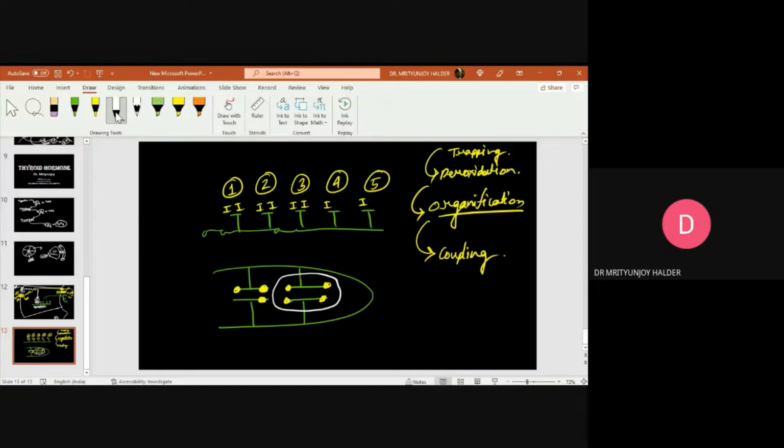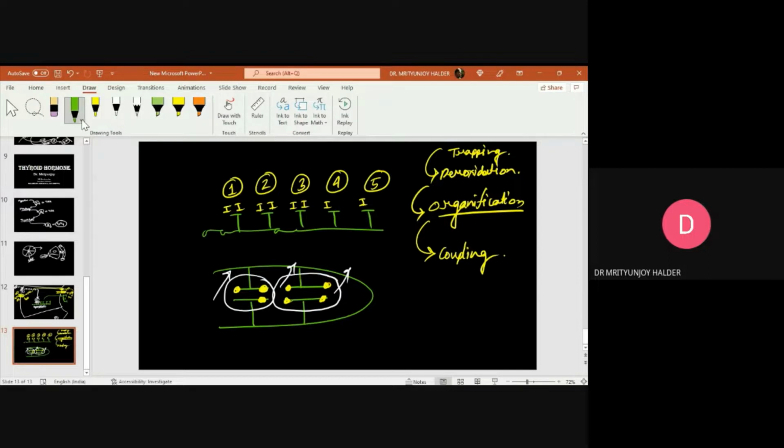All the four iodine atoms go to one side, and here also all the three go to one side. So there is coupling between two adjacent tyrosine molecules. So what will happen finally in the chain?